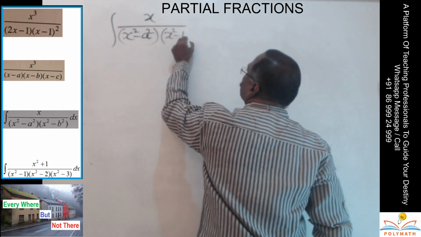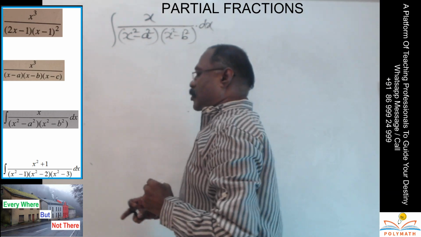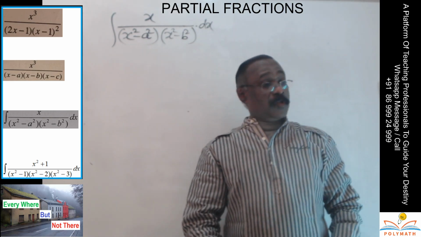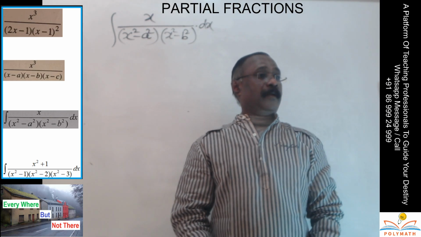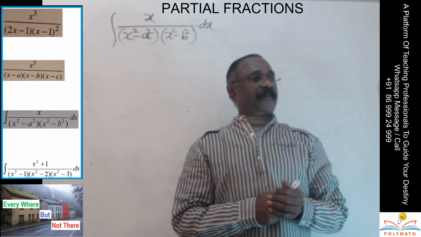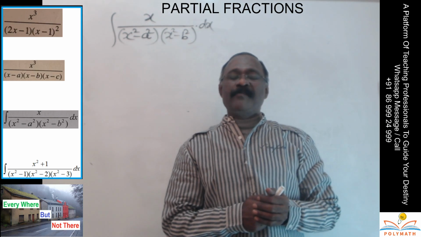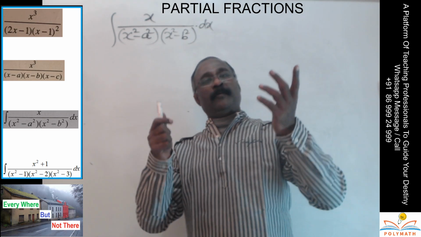There are problems in integration that are to be solved using partial fractions. If you see the denominator carefully, x square minus a square into x square minus b square, I'm just creating the numerator.